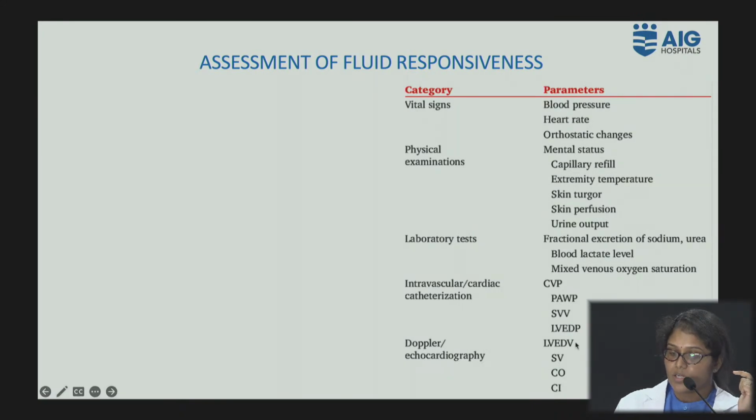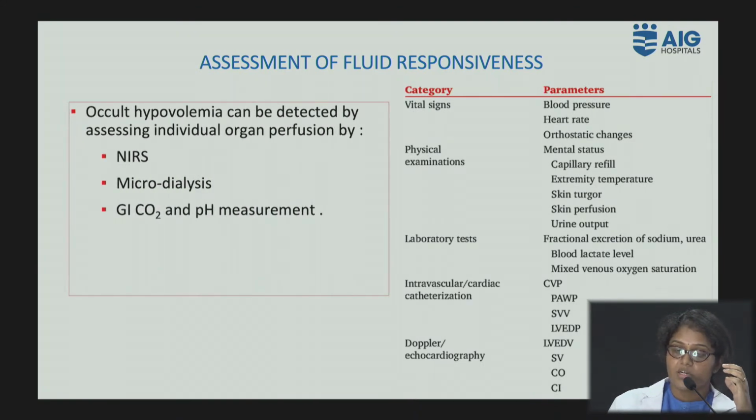And the dynamic parameters include stroke volume variation, LV end diastolic pressure and end diastolic volume, stroke volume, cardiac output, and cardiac index. So these are the parameters which help in understanding whether the patient is going into hypovolemia or not. Changes in these parameters can give an insight into the volume status of the patient.